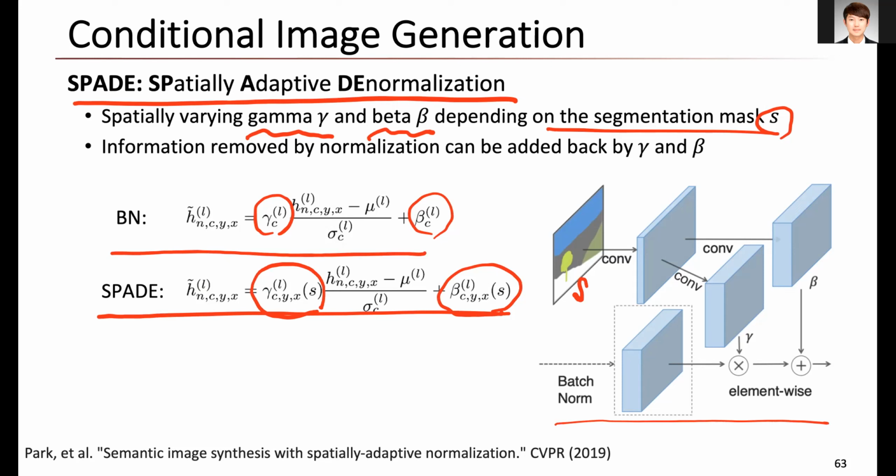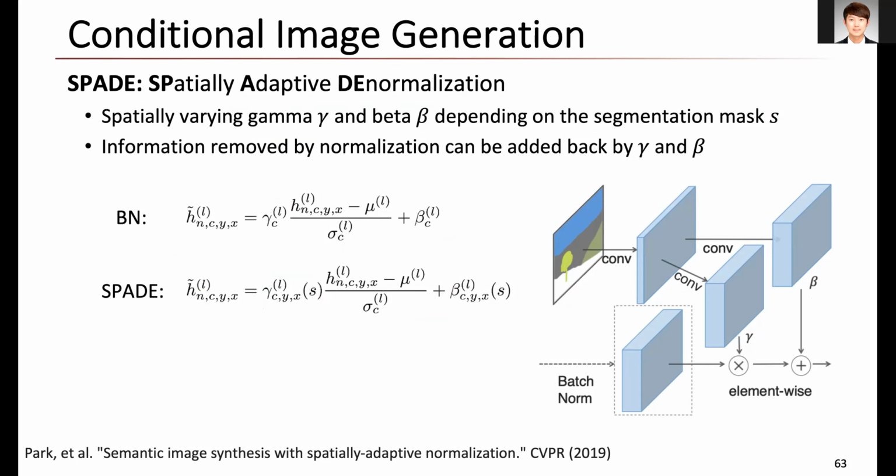To extract the gamma and beta, they use an additional convolution layer on the segmentation map to extract the gamma and beta tensors, which are element-wise multiplied and added to the original feature vector to normalize it, which is the SPADE normalization layer.